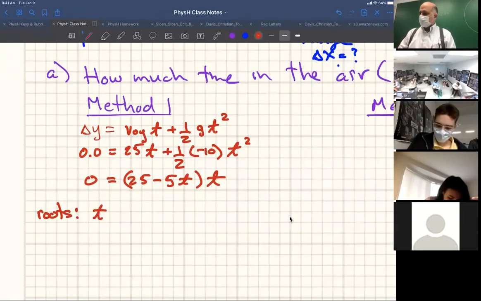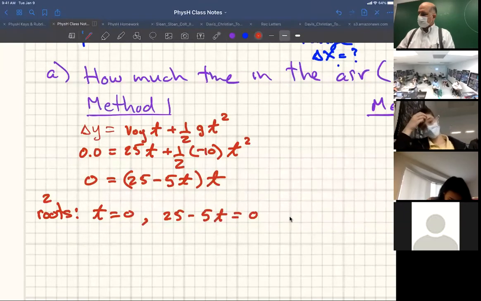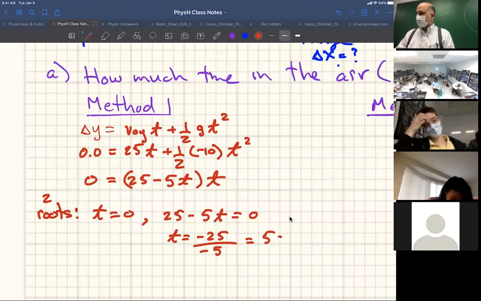You get t equals 0 is one root. It's one solution to this equation. The other one is given by 25 minus 5t equals 0. So t is equal to minus 25 over minus 5, which is 5 seconds.